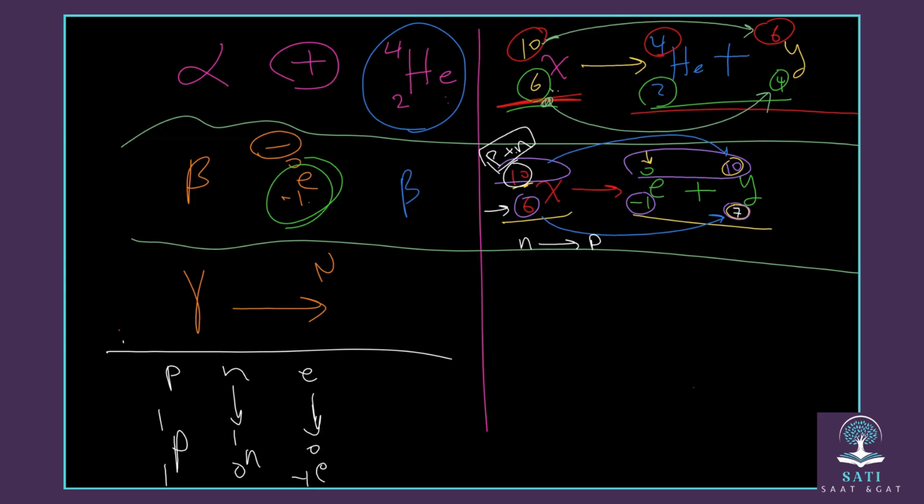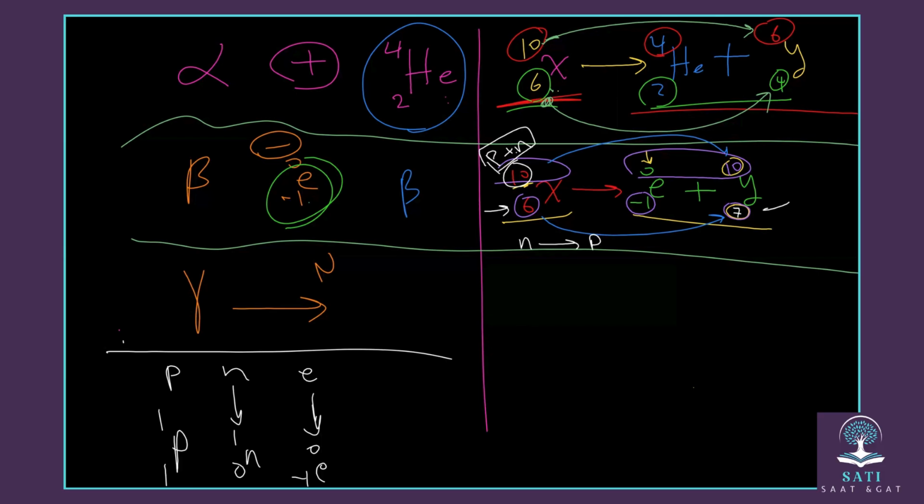No change in the atomic mass. But is there a change in the atomic number? Yes. Because the atomic number means the number of protons, and the number of protons will increase by 1. So the atomic number will increase by 1.